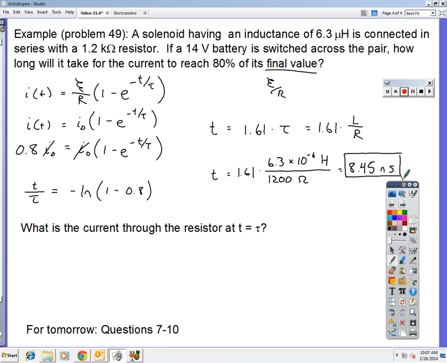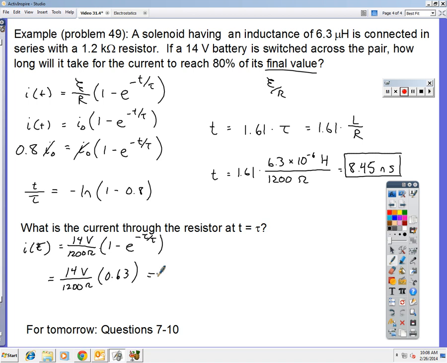And now we ask, what is the current through the resistor at time t equals tau? So we're looking for I of tau, and so we'll get the EMF, which is 14 volts divided by the resistance, 1200 ohms, times 1 minus e to the negative tau over tau. That works out to be 14 volts over 1200 ohms times 1 minus e to the negative 1, which is 0.63.